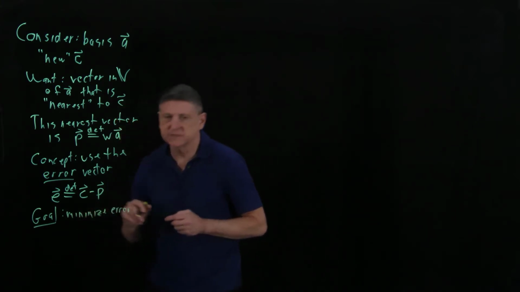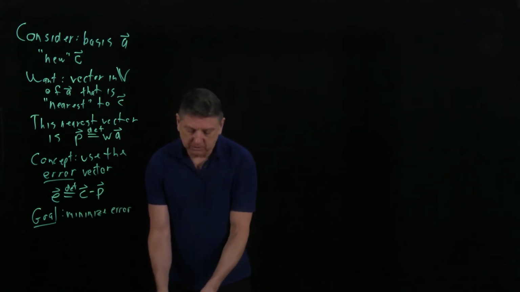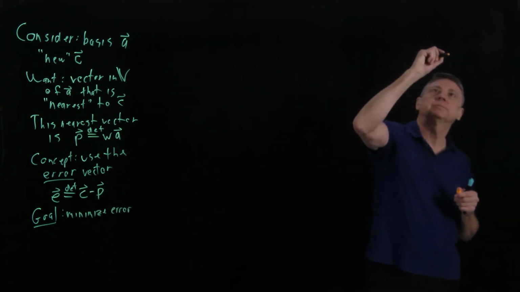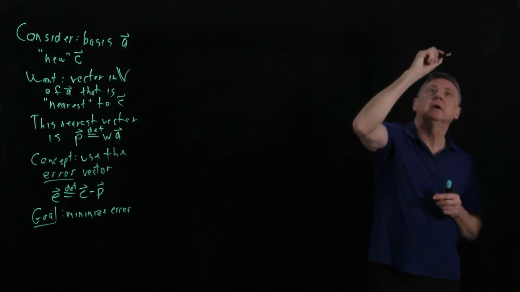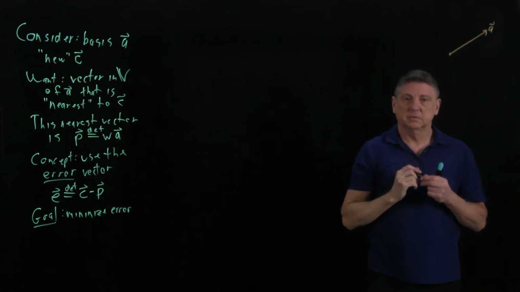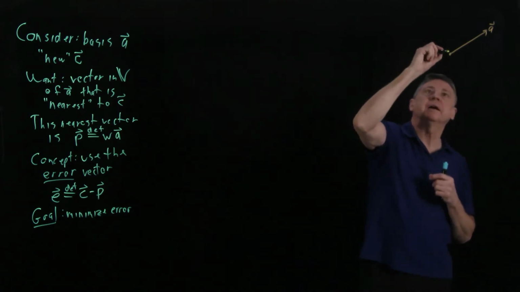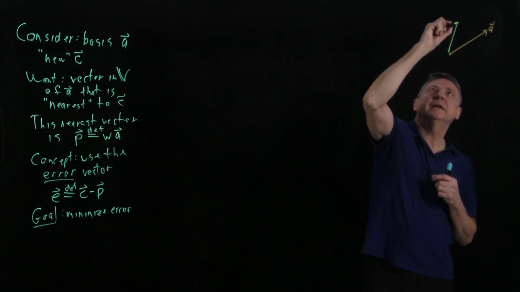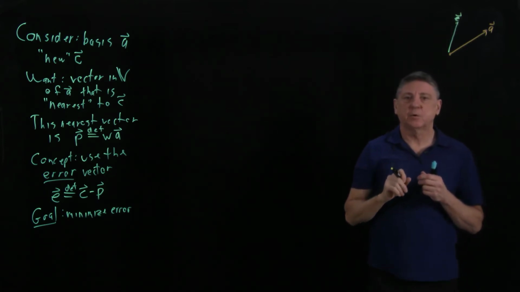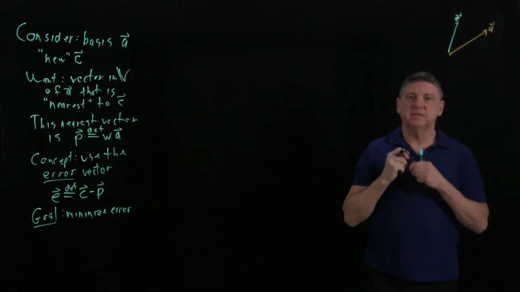And to do this, it will be useful if we draw a simple diagram. Let's suppose that we're given a vector A. So this is the origin, and suppose that we're given a vector A like this. And then suppose that we're given a new vector which is our vector C. And the question is, what multiple of A is closest to C?